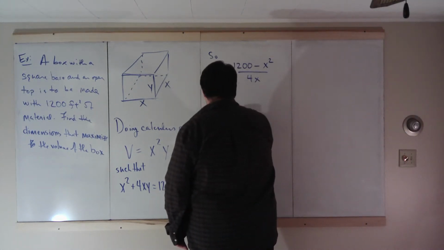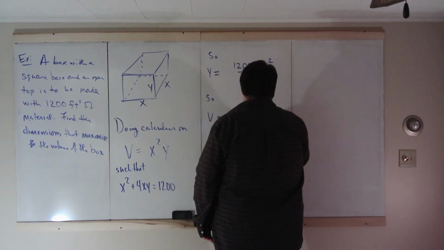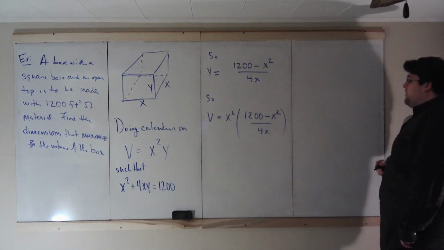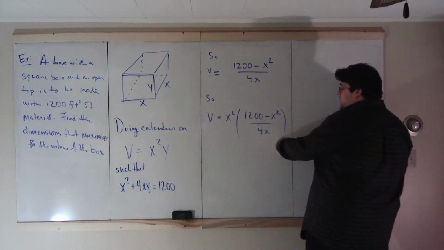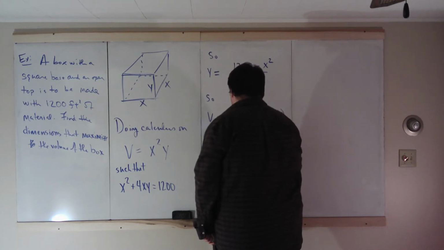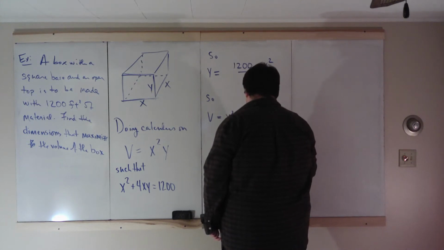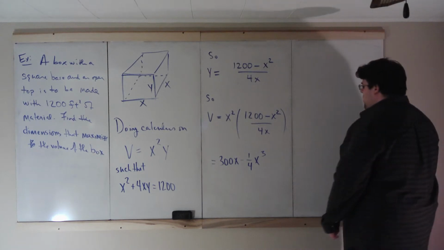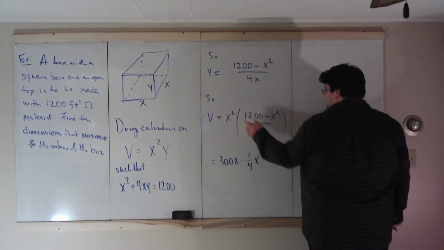So the volume is x squared times 1,200 minus x squared over 4x. And I'm just going to distribute this. But before that, notice an x here is going to cancel with an x here. How many x's is that? That's 3 x's. So, how did I do this? Well, I canceled one x with this.